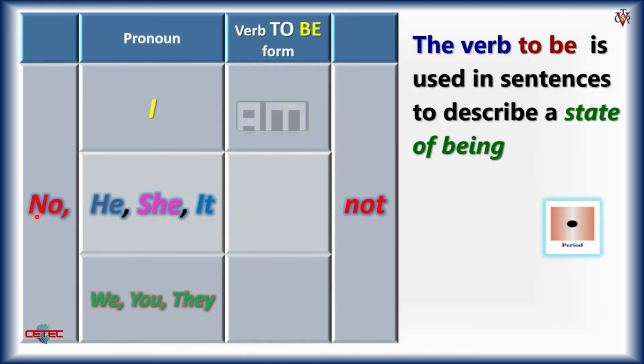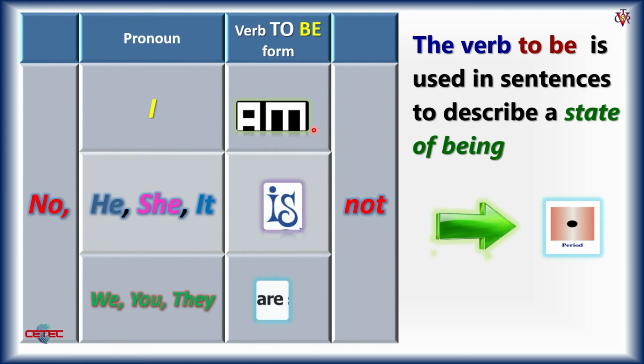With a negative form: no, pronoun, and the verb to be form. No, I am not. No, he is not. No, she is not. No, it is not.